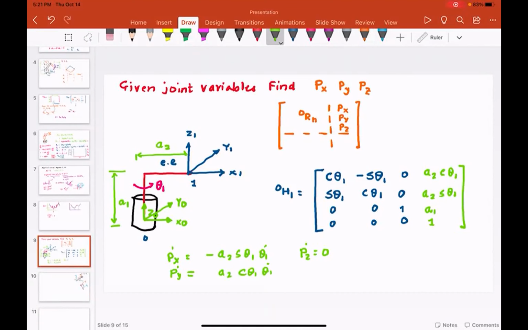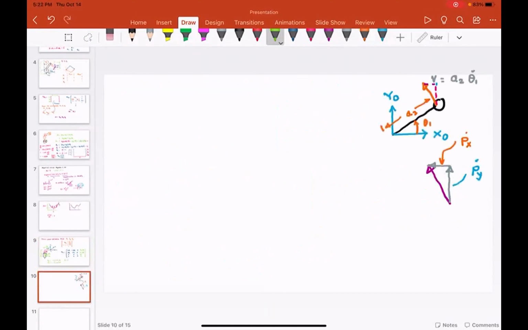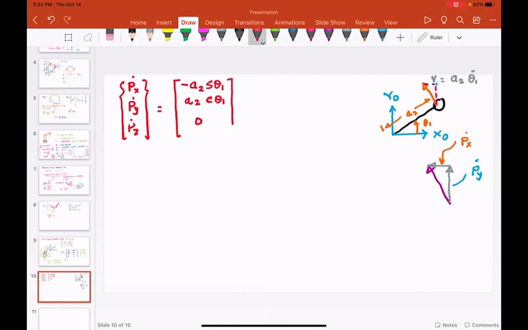So in other words, in the interpretation of the Jacobian that we just derived, px dot, py dot, pz dot can be written as minus a2 sine theta 1, a2 cosine theta 1, 0, multiplied by theta 1 dot.